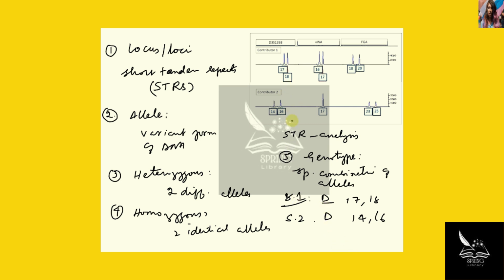So the entire set of genotypes across all the loci, which is 3 loci here, represents the suspect's overall genetic profile.